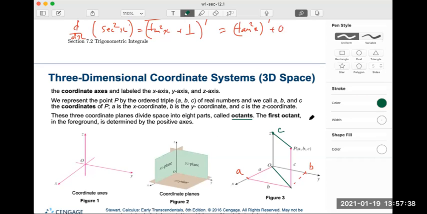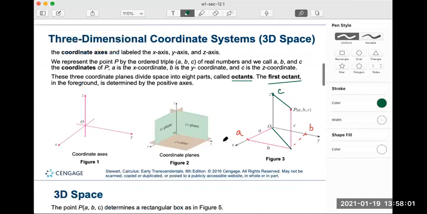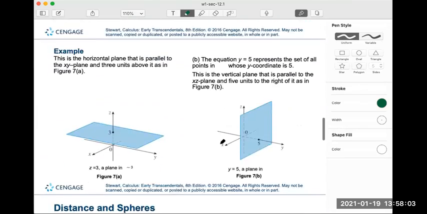The first octant is the octant where x, y, and z are all positive. And you look at the book and study these in the book, the names and the definitions. Basically, we mentioned all of these already. So let us continue.